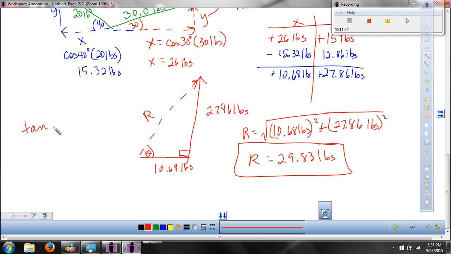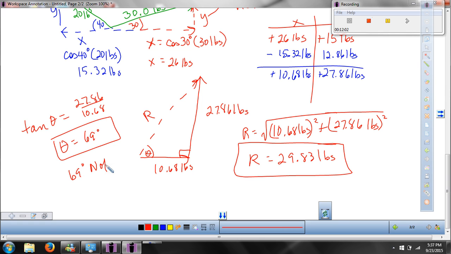Well, tan theta is equal to 27.86 over 10.68. So when I did that, I got my theta to be 69 degrees. And that's pilot's bearing. You could say it's 69 degrees north of east if you liked, or you could also say that it was 21 degrees east of north. I believe that completes number 3.